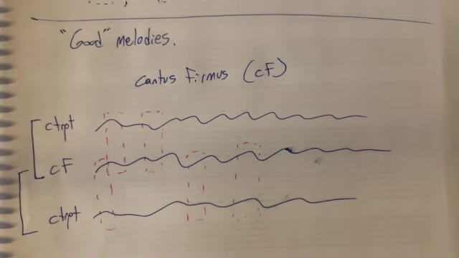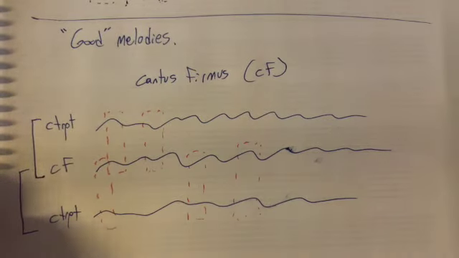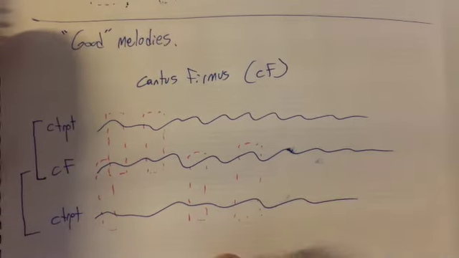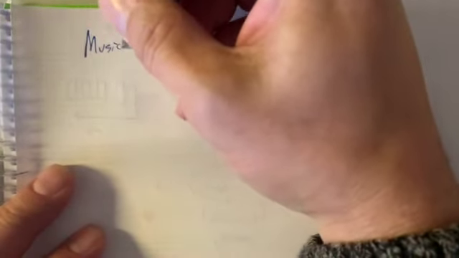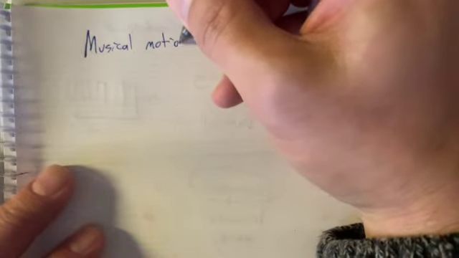Let's talk about some basic aspects of counterpoint we're going to need, and that's as far as we're going to get in this lesson. Number one, there are kinds of musical motion in counterpoint. We categorize our musical motion into 4 categories.